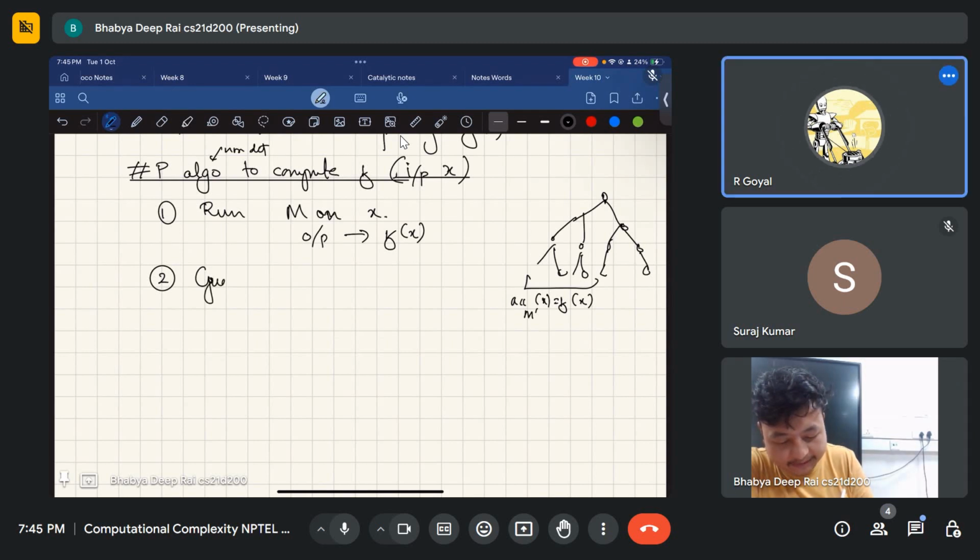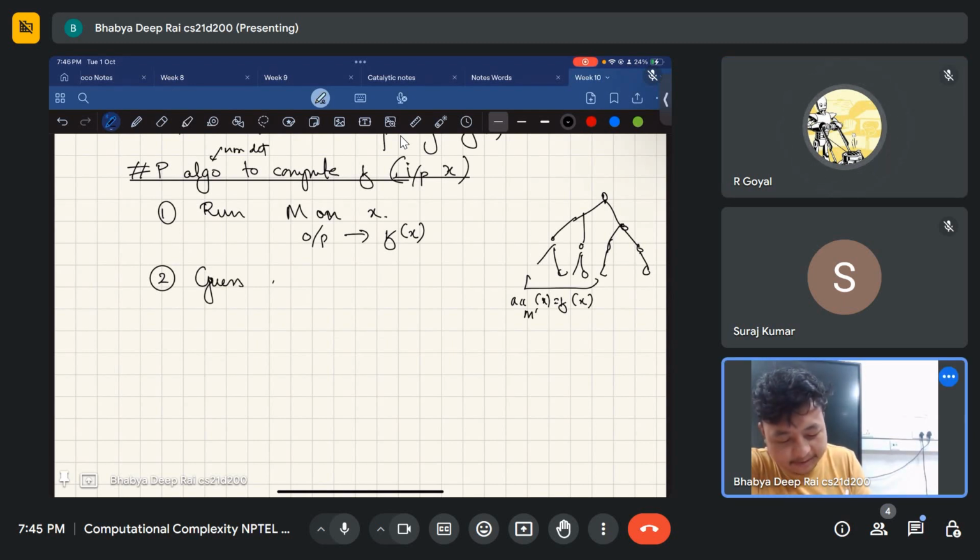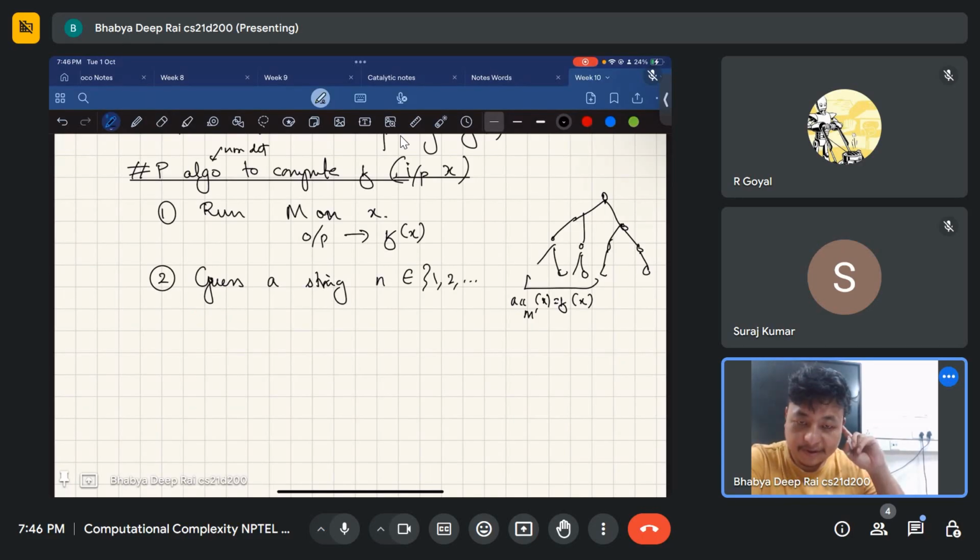You guess a natural number n, in 0, 1, 2 and so on, till f of x plus 1.